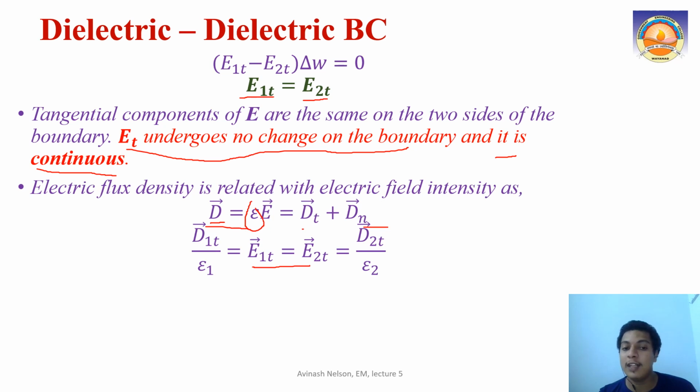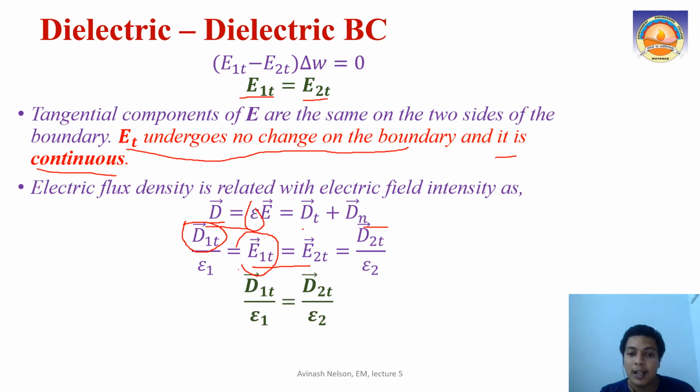E1t in terms of D we can write as D divided by epsilon, since D equal to epsilon E means E equals D divided by epsilon 1. So the tangential component E1t will be equal to D1t divided by epsilon 1. Similarly, E2t will be equal to D2t divided by epsilon 2, right? So this is the other boundary condition for the tangential component.